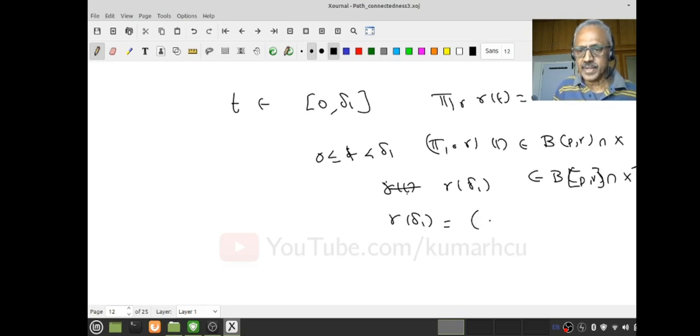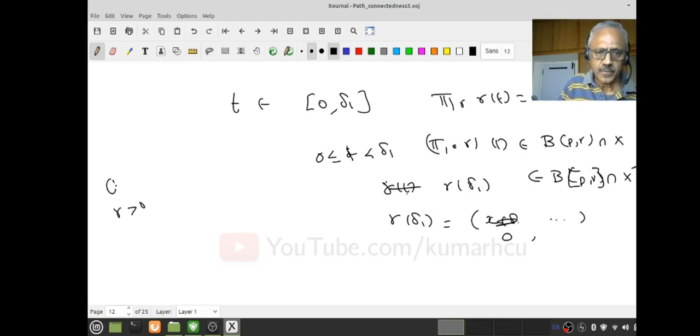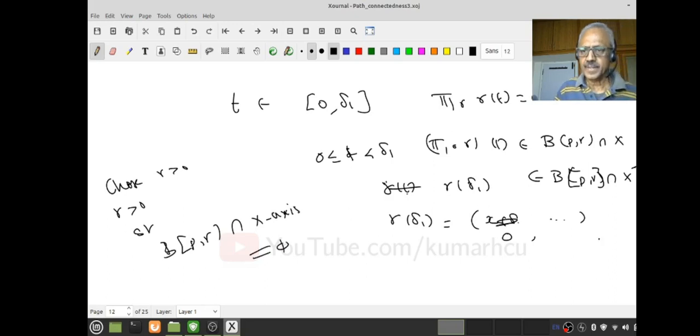Gamma of delta 1, if I write it with coordinates, this coordinate must be 0 and this must be something. Let me also choose R such that the closed ball B P of R intersection the x-axis, where the coordinate is 0, is empty. Therefore the only point in this set whose x coordinate is 0 is 0 comma 1. Therefore gamma of delta 1 is 0 comma 1.